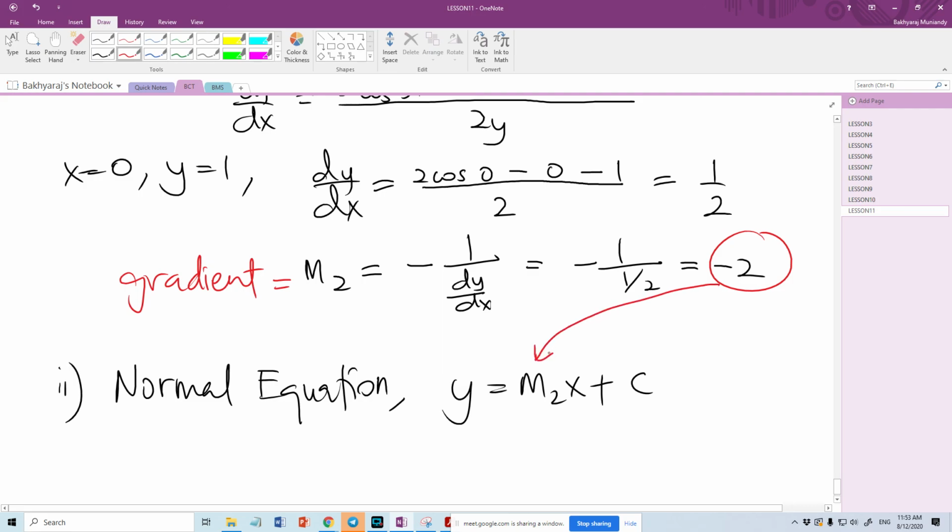So the negative 2 you can substitute into M2. Yeah, c is equal to 1, correct. So the last answer is actually y equals negative 2x plus 1. Very good.